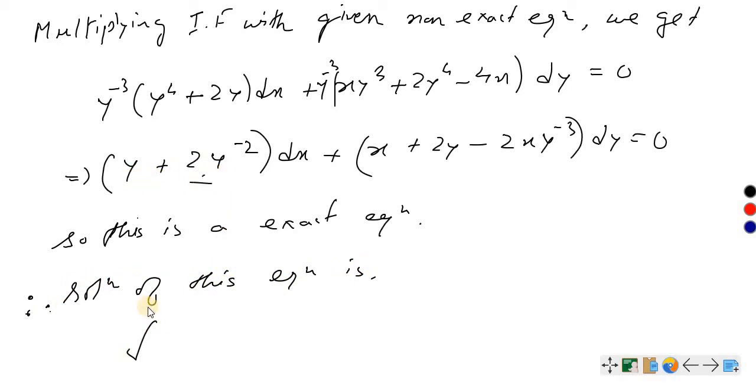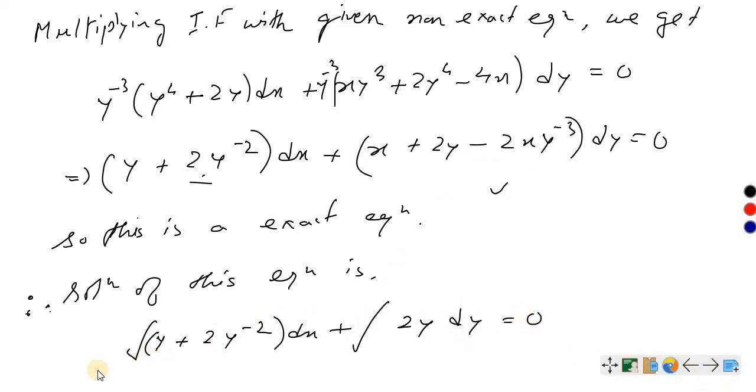So if you see here, there is no x inside, right? So I can write integration of this dx plus, here I have to take only the term containing y, not x, so it is only 2y. So I will be just writing 2y dy is equals to 0.